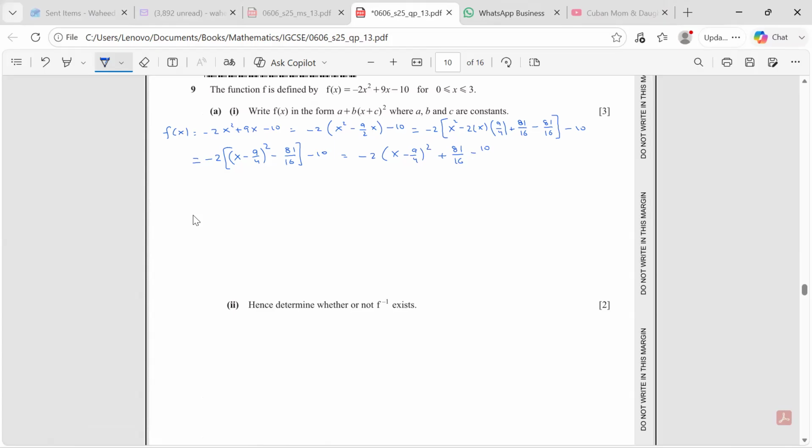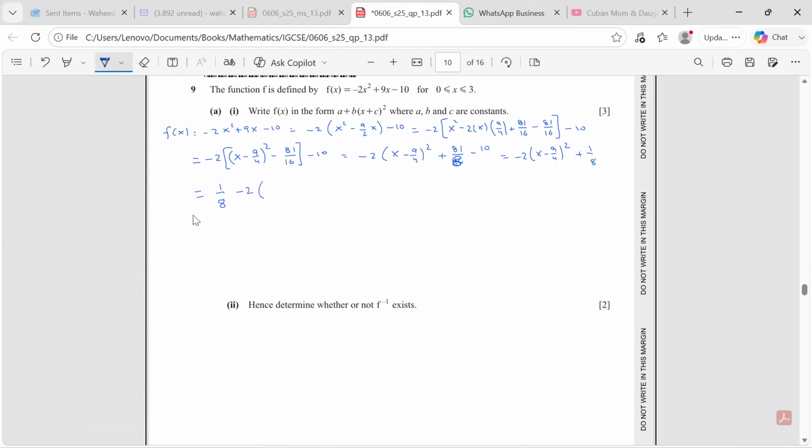Minus 8, because we have one here as well as 2 to become 8. So 81 over 8, this would be 80 over 8 at the top and bottom, so it will be minus 2 into x minus 9 by 4 squared and plus 1 by 8.